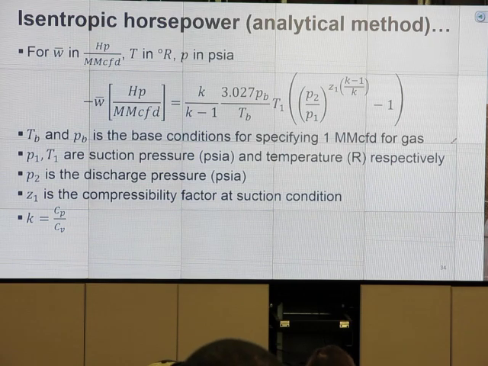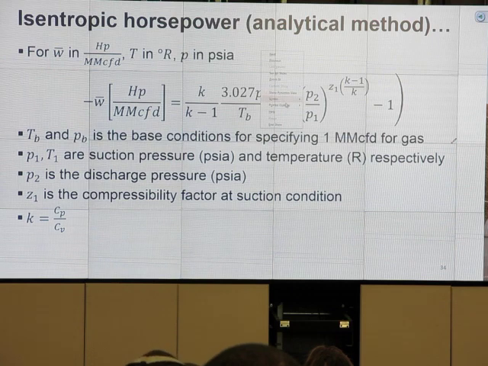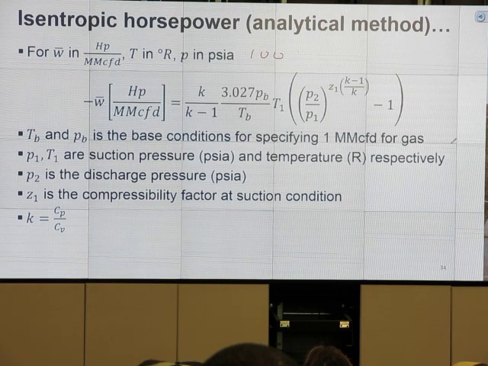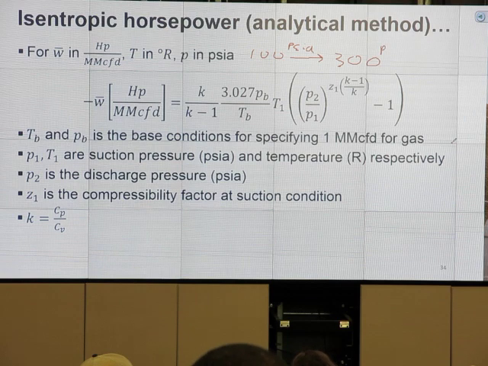So Scott, Curtis, now you will be able to tell me what is what, right? The explanation is given. Let me ask you this. If I have 100 psia at the suction, I compress it and it becomes 300 psia, and I compress it again, it becomes 900 psia.